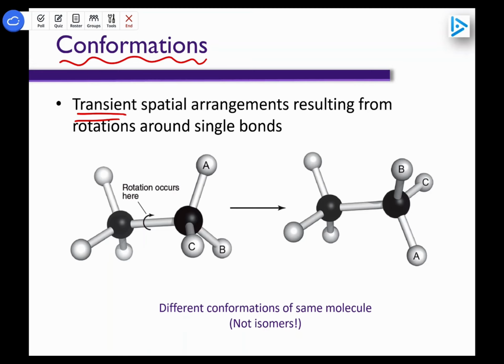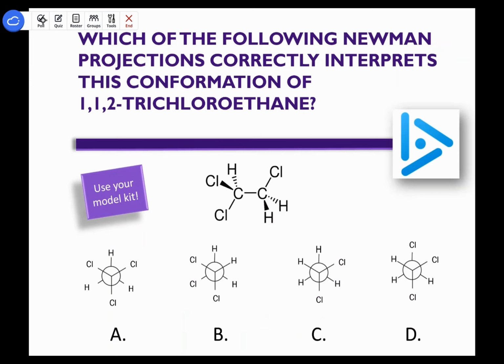We're not making different isomers, we're just making different conformations of exactly the same molecule. We do that by rotating around this carbon-carbon single bond, or a carbon-oxygen single bond, or whatever it happens to be, because those single bonds can rotate. They're not pi bonds.